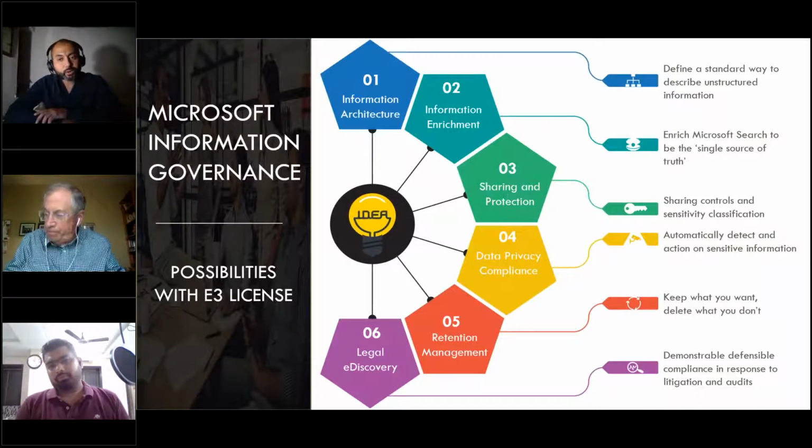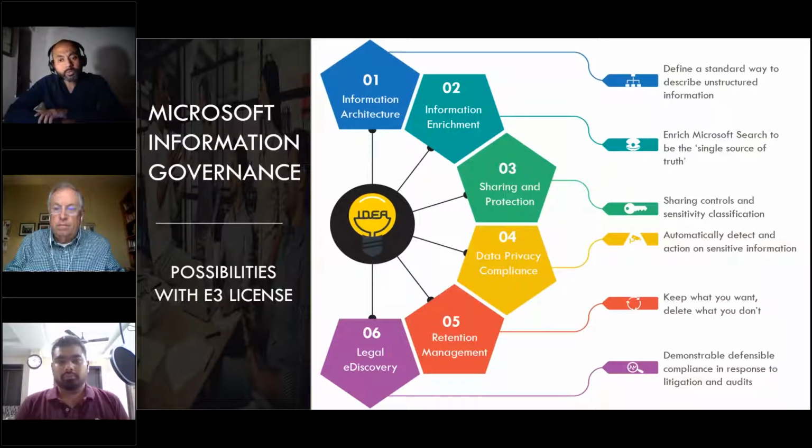And of course, we are talking in the context of Microsoft 365, but you're not building a governance strategy or governance architecture for Microsoft 365. You're building one for your organization and for all information, which increasingly is in Microsoft 365, but is also in other places too.